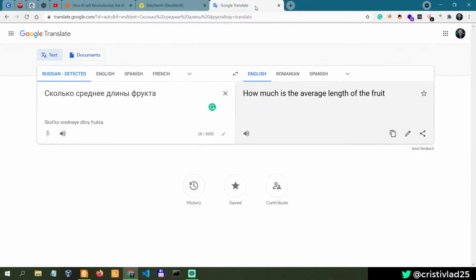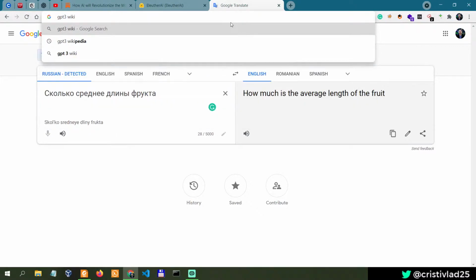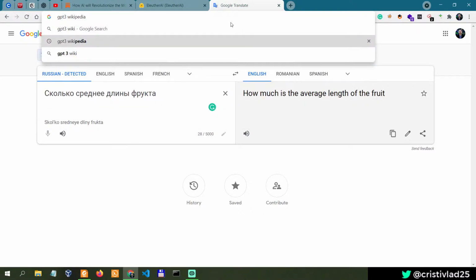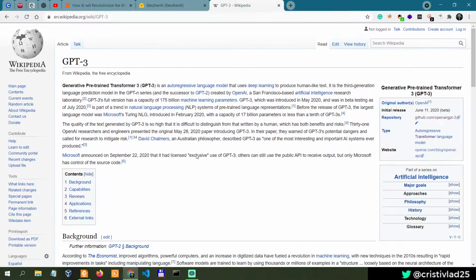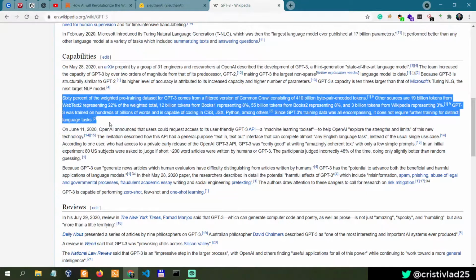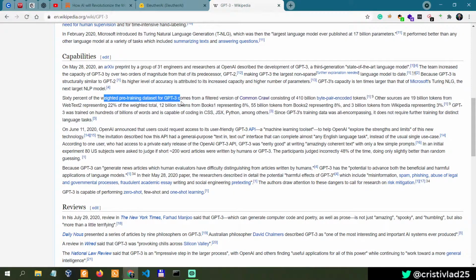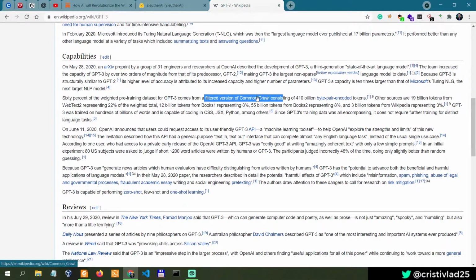Because right now, GPT-3, if we go to Wikipedia and look into the sources, we see that it's been trained on five data sets. 60% of the weight is a filtered version of Common Crawl. This is web data.